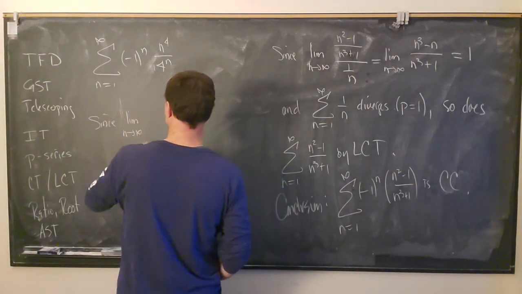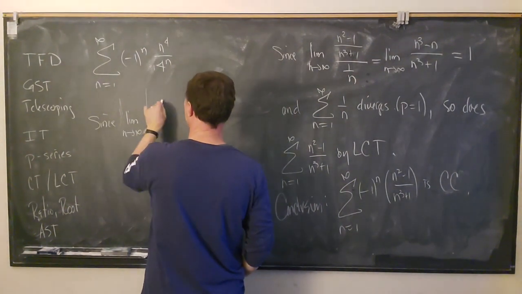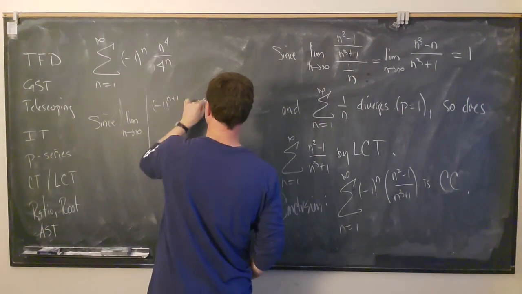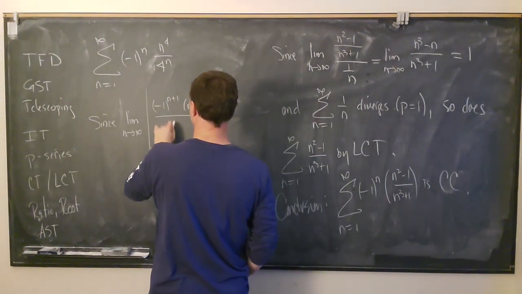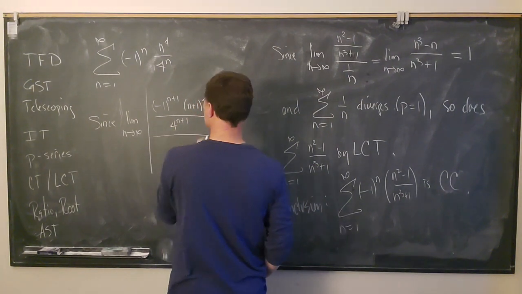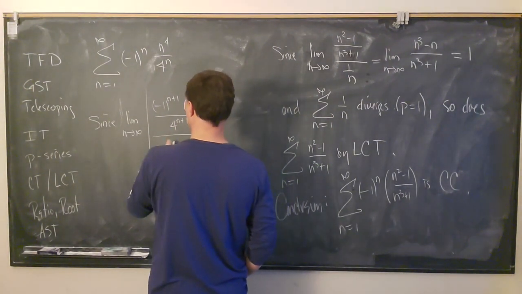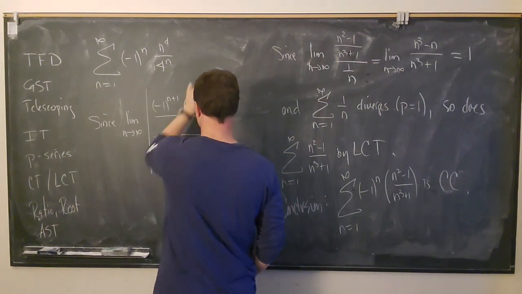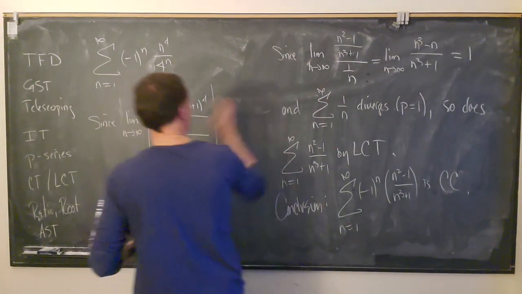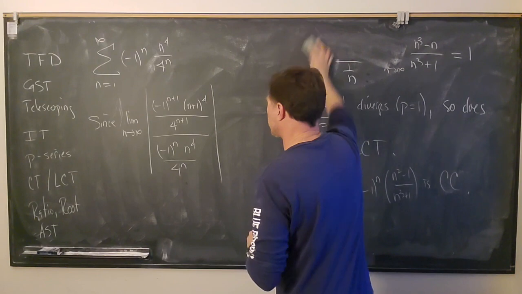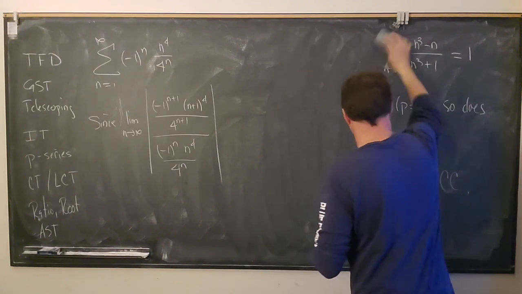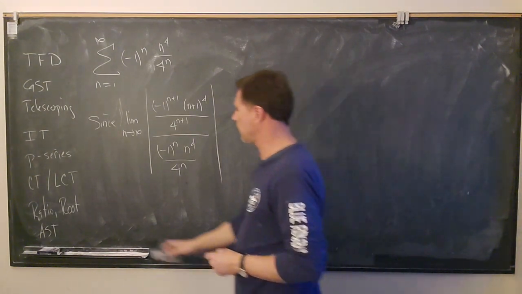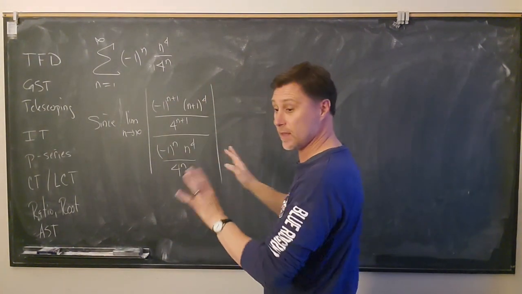So since the limit of minus 1 to the n plus 1, n plus 1 to the 4th over 4 to the n plus 1, divided by minus 1 to the n, n to the 4th over 4 to the n, all in absolute values, equals, so now I'm going to flip, I'm going to multiply, I'm going to get rid of the minus ones and the absolute values.